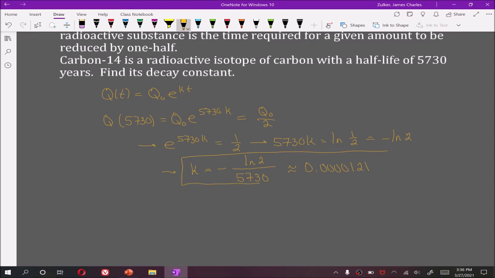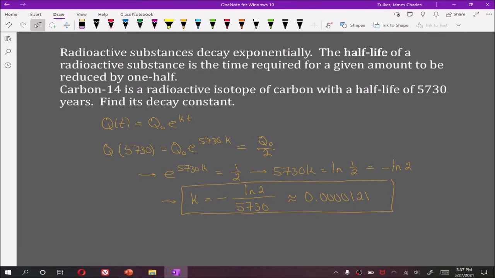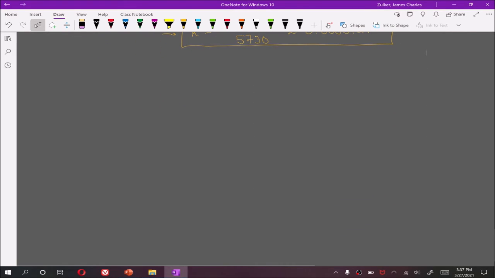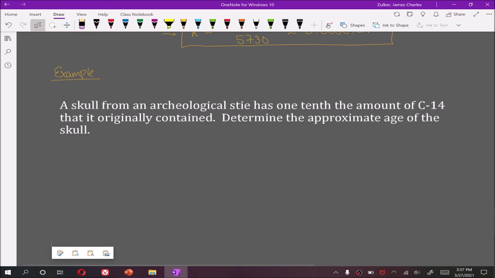So for carbon-14, when dealing with half-life, this is our decay constant. Okay, next, a skull from an archaeological site has 1/10 the amount of carbon-14 that it originally contained. Determine the approximate age of the skull.